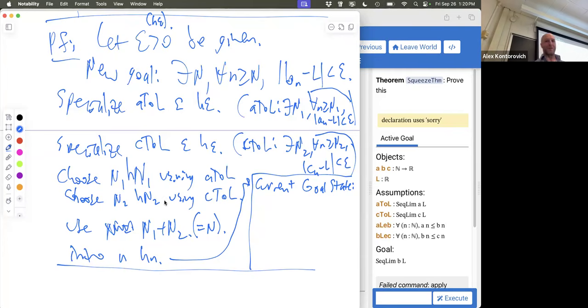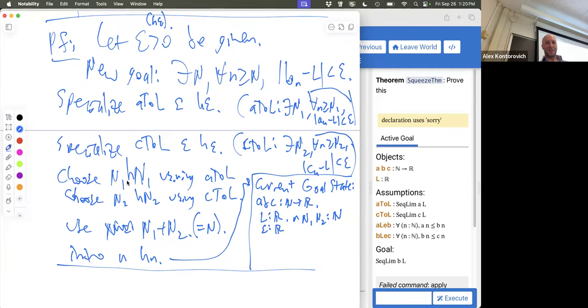What objects do we have floating around? A, B, C are sequences, N to R. We've got the real number L. What else do we have? We have an epsilon. We have an N1 and an N2 that are natural numbers. We have little n that's a natural number. Anything else?